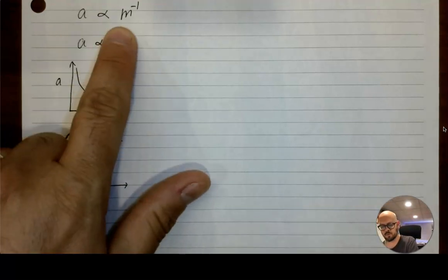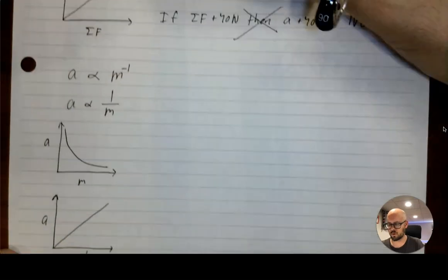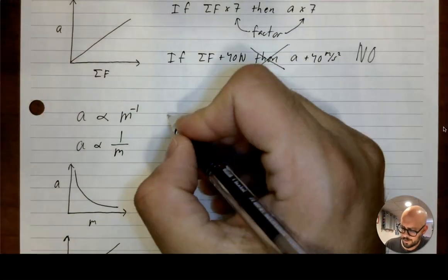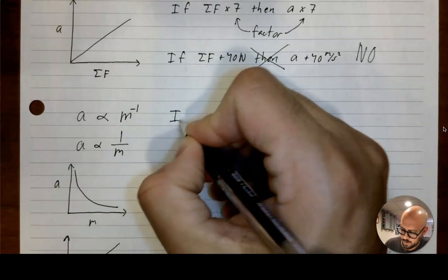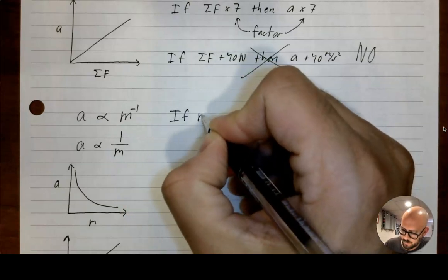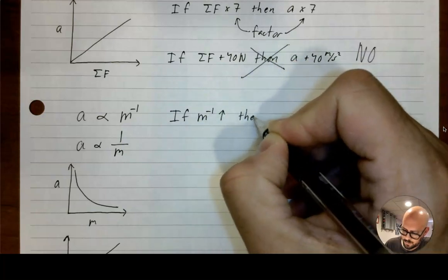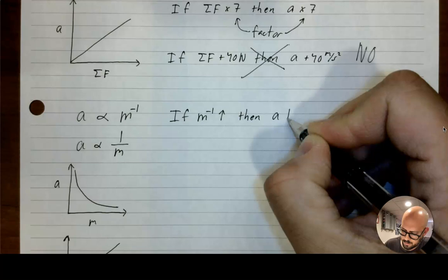So a is proportional to 1 over m. We'll work with this sort of thing throughout the year. It means weird things like if m to the negative first goes up, then acceleration also goes up.